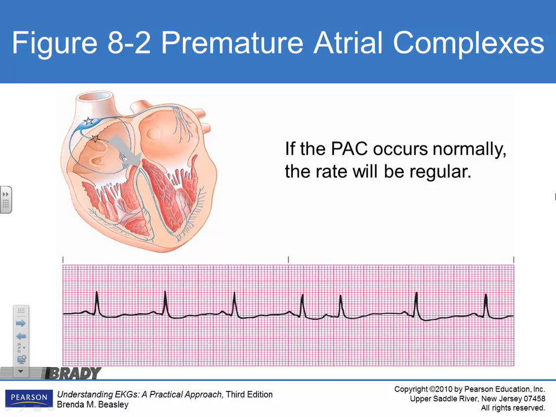Good question. Let's look at it. Would this be compensatory or non-compensatory? How are you going to figure out the difference? If you move this thing over, it should almost go just like a normal beat. If you moved it right in the middle of these two, would it be the same R to R? I'd have to measure it out to be sure.